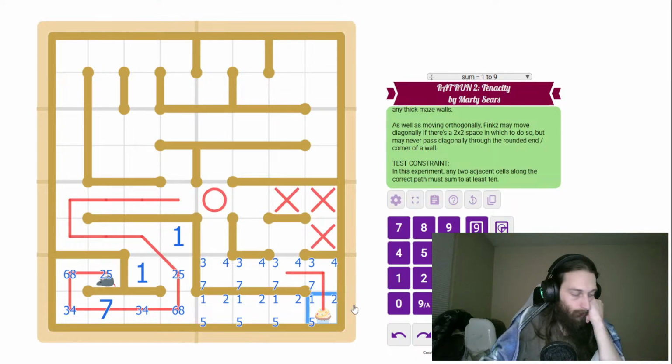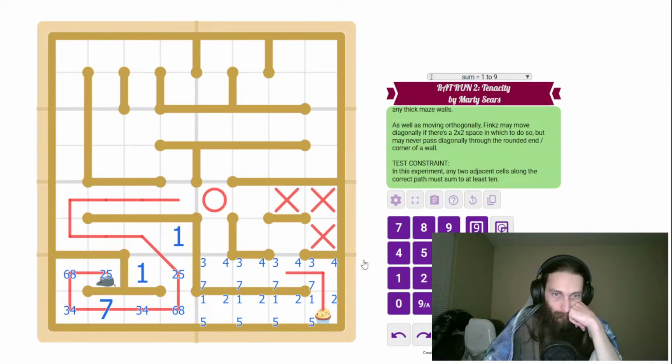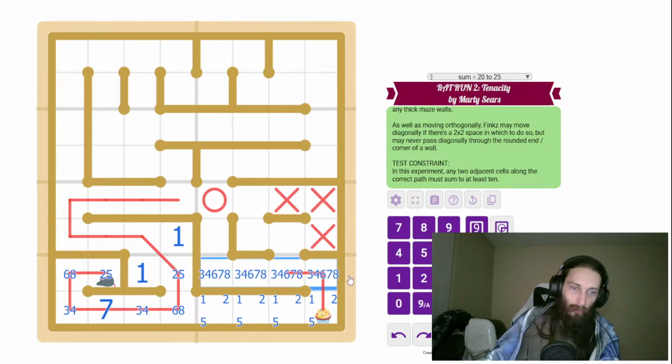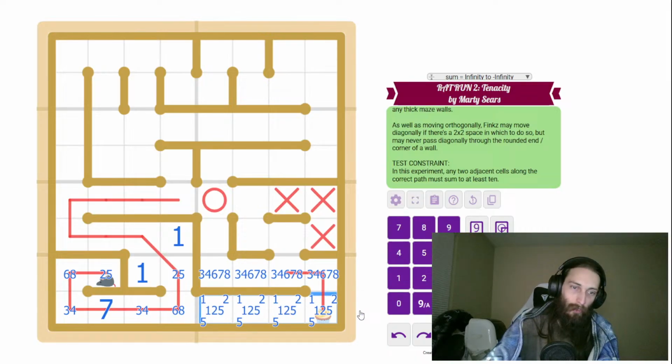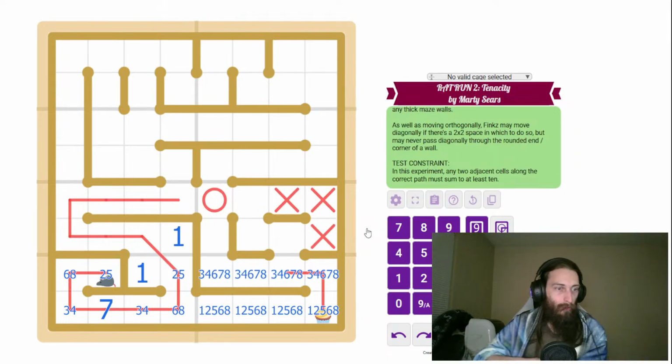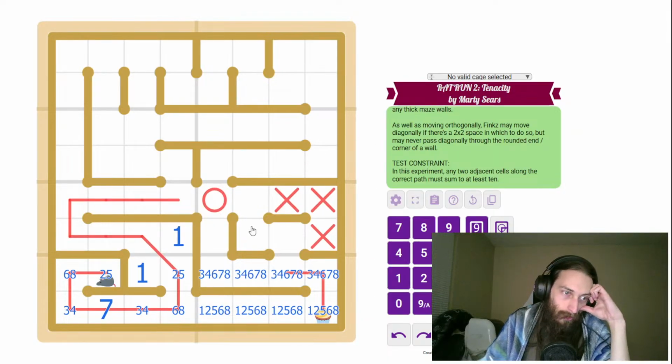You can't put a 1 on the cupcake. Alright, 3, 4, 7, and then we have 6 or 8. 1, 2, 5, 6 or 8. Tallcat says you can do similar logic in box 6 as the line covers the whole box. 1, 2, 3, 4, 5, 6.